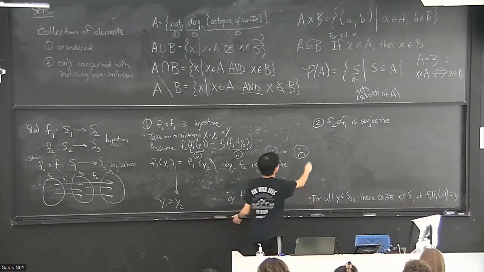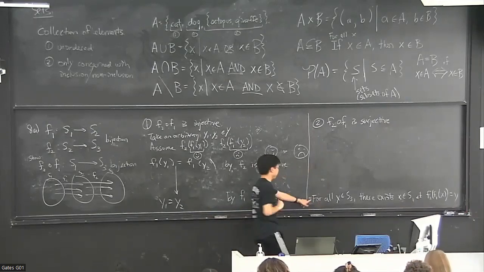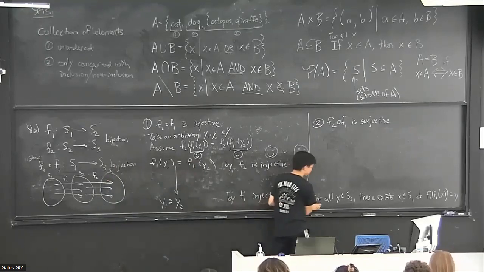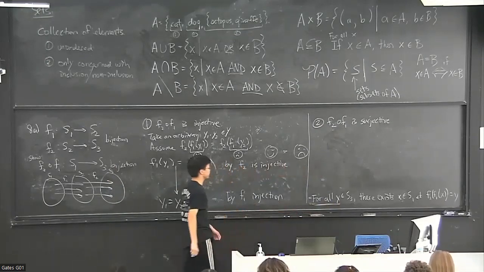Notice here, what kind of statement is this? This is a statement about all y. This is a for all statement.